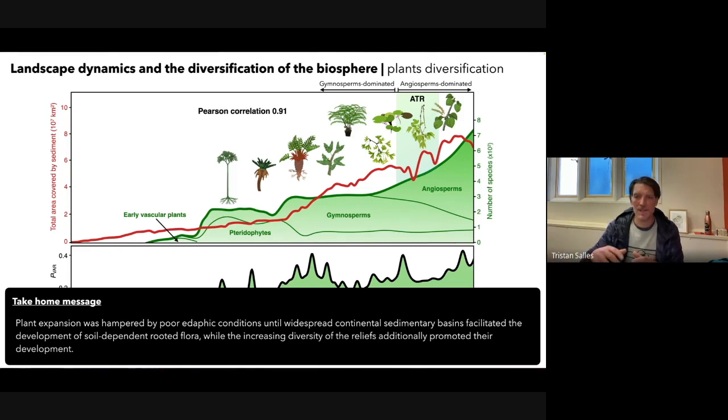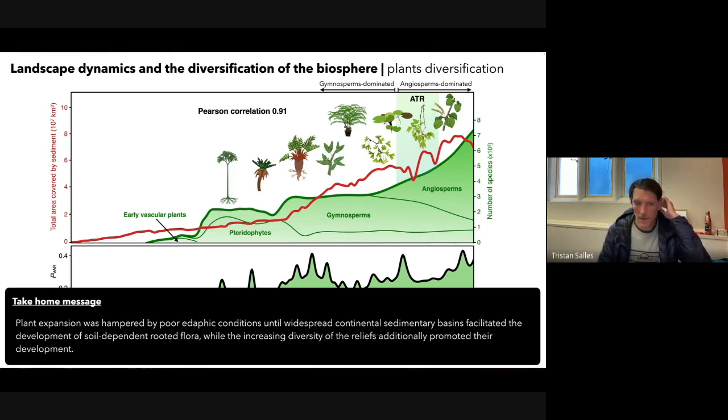And over time, this landscape is going to start to become more and more complex as you start to have more mountain ranges, and some valleys, and all this is going to complexify the landscape, making it more prone for specific species to develop in specific environments. So it will help to increase the number of ecological niches.